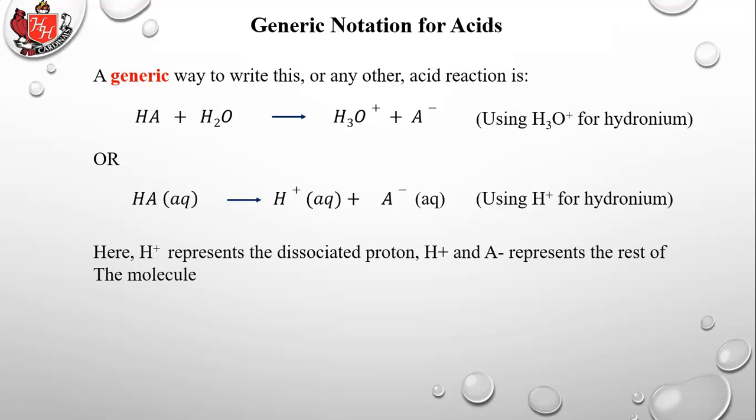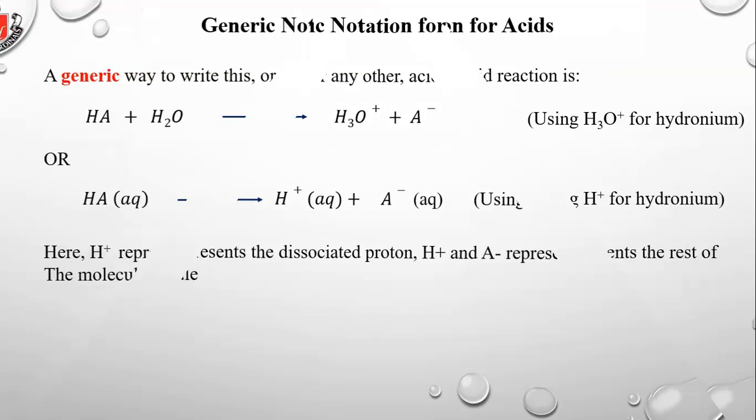Here the H plus represents the dissociated proton, and A minus represents the rest of the molecule. So it's whatever the rest of that acid molecule was before that proton pulled away from it, whatever that is. And since the hydrogen always leaves its electron behind, it's an A minus. It's a negatively charged ion, an anion.